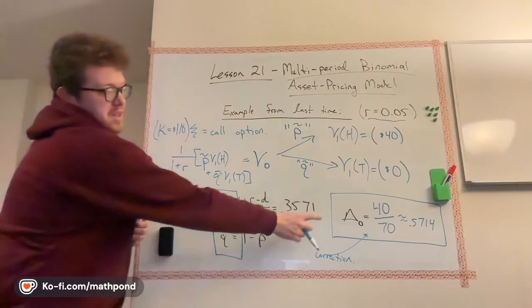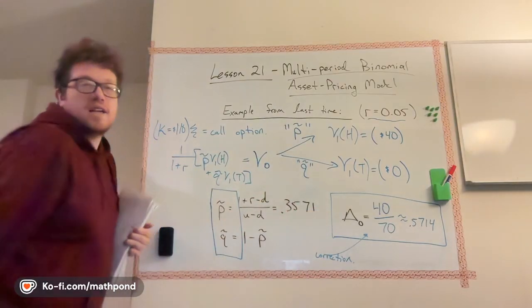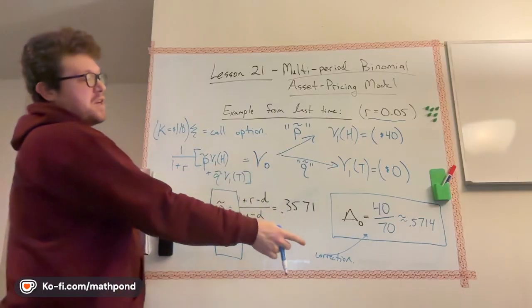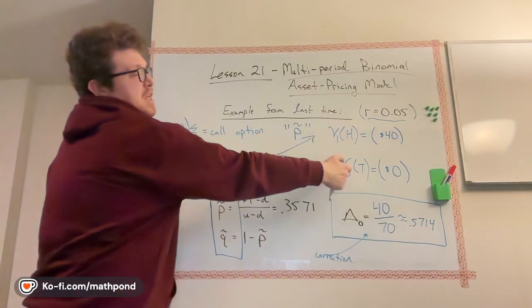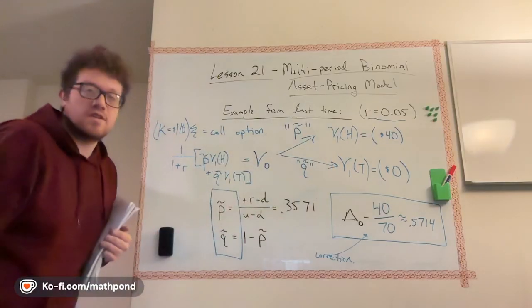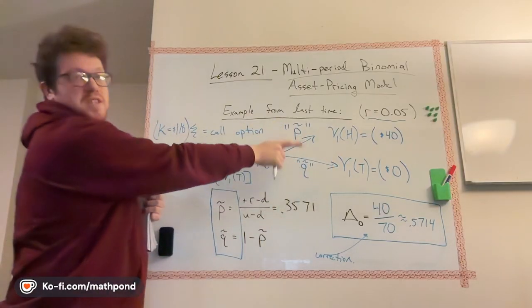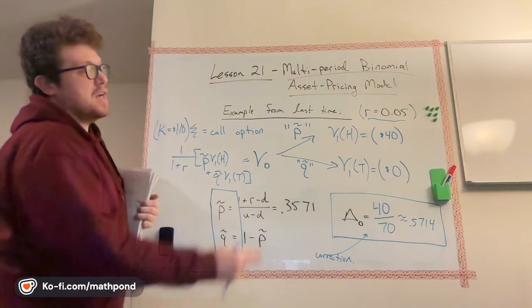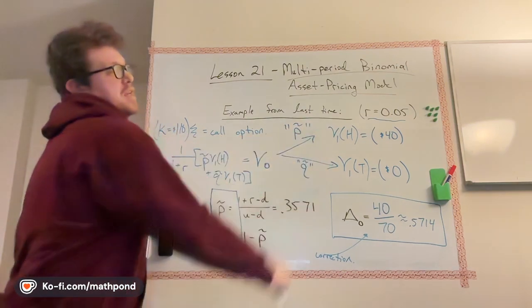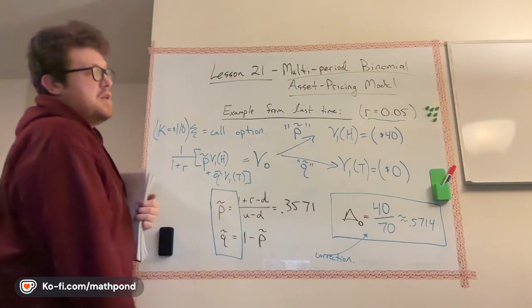And how did we calculate this delta at each point? The delta was just the difference of the option prices, the difference that it could possibly take for the two different values, divided by the difference of the stock values if it gets heads or tails.